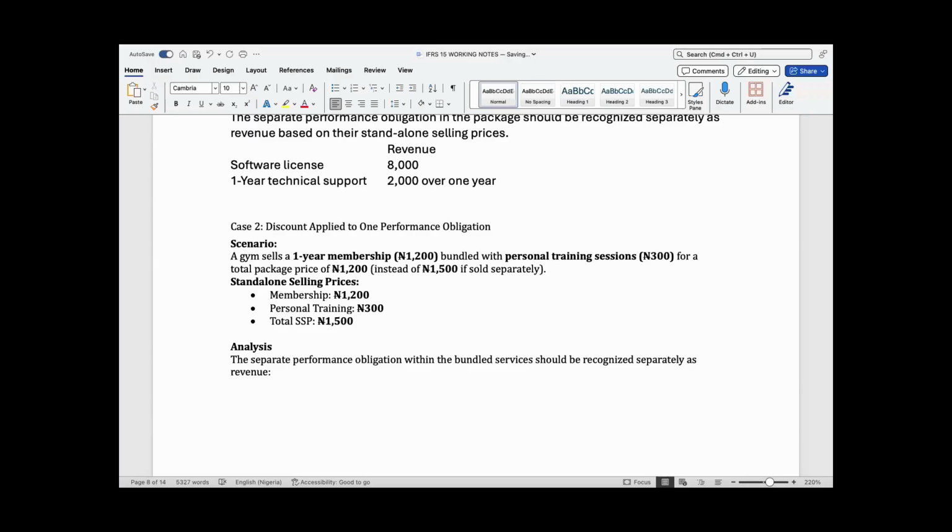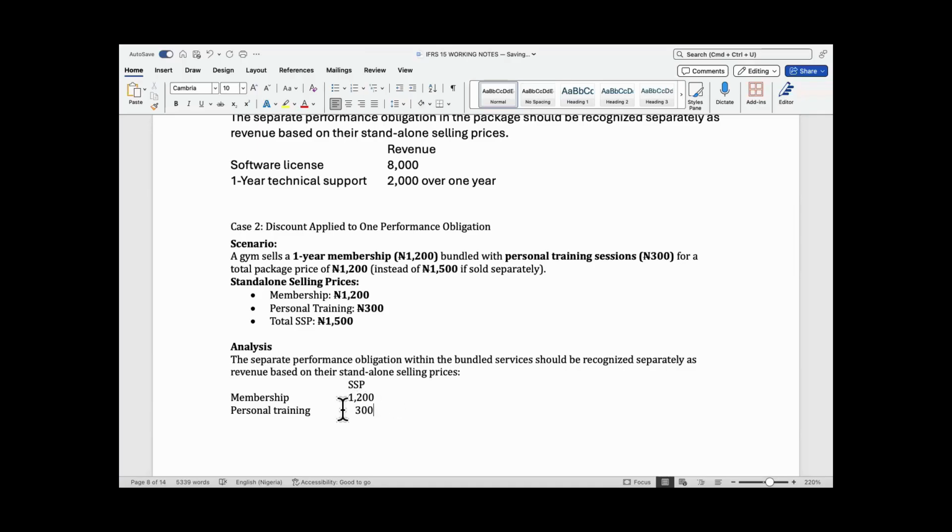So you have membership, you have personal training, as revenue based on their standalone selling prices. Their standalone selling price, membership is 1,200, while this one is 300.